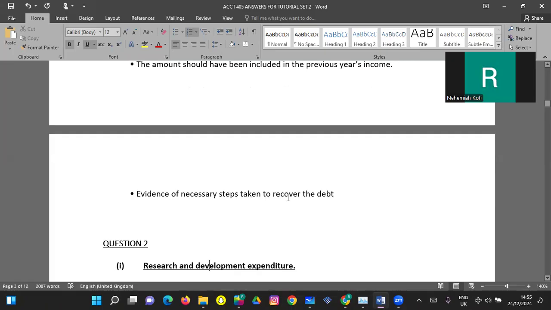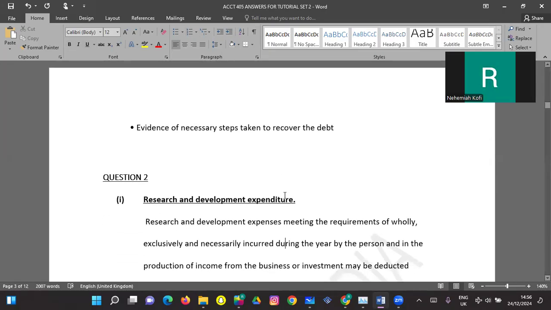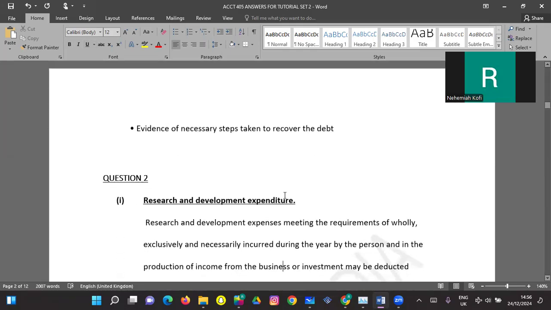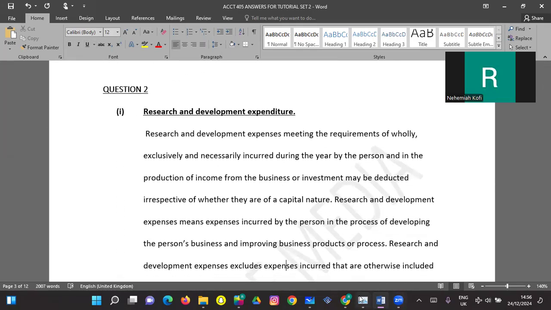Maybe the person has gone mad, so you've tried your best, or the person is not at home, or maybe the person has died, and the like. So there should be evidence of taking necessary steps to recover the debt, and that will make that particular bad debt allowable for deduction. All right, so let's go to question 2.